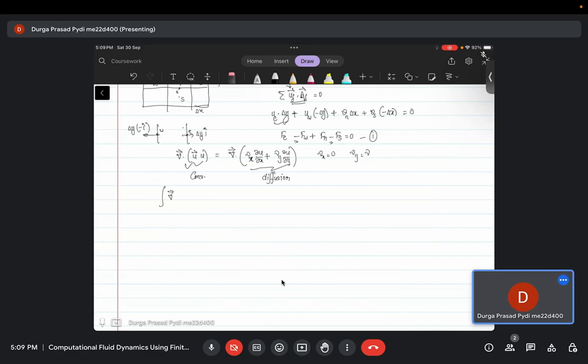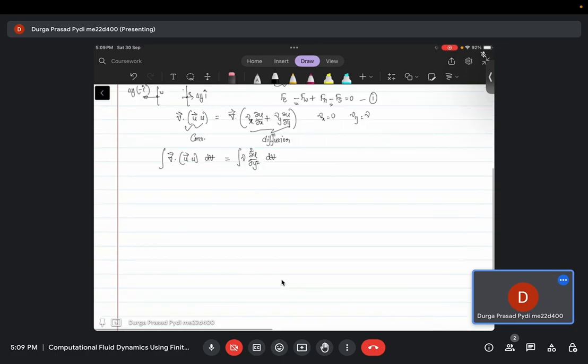So first step is you multiply over the volume. Since we just have the one equation, I will write it as integral mu del square u del y square dV, or we can just write it as integral del dot (mu x del u del x plus mu y del u del y).